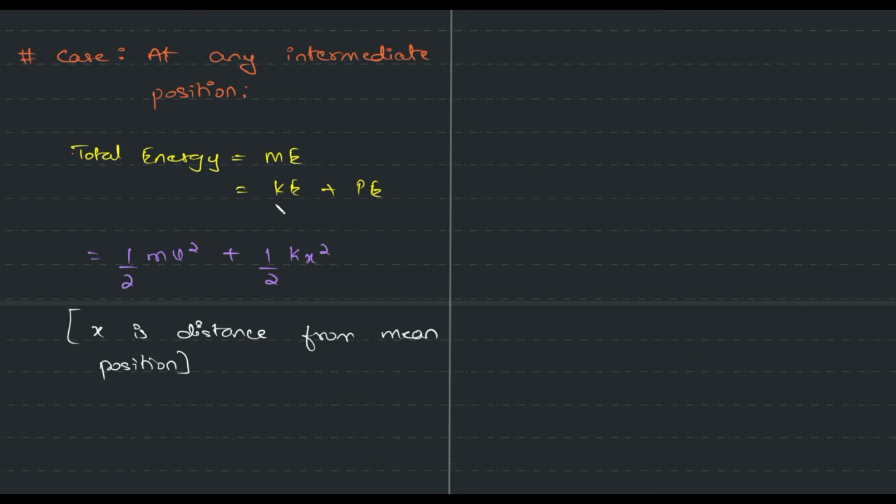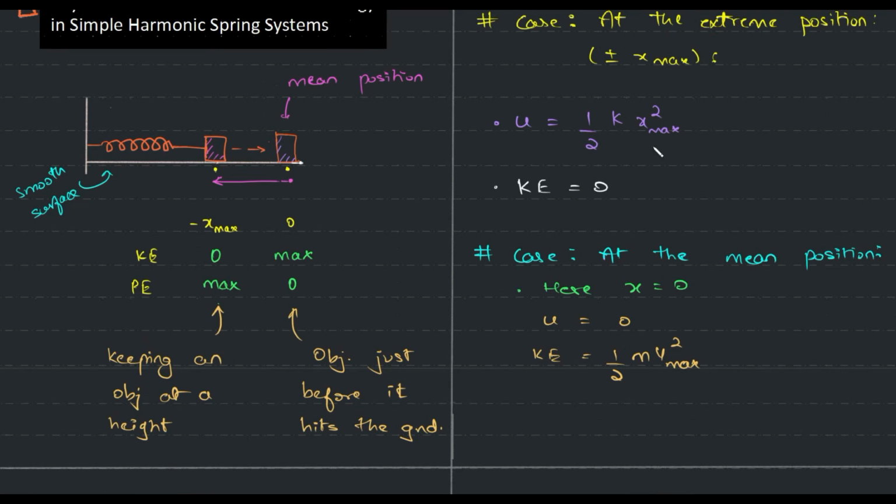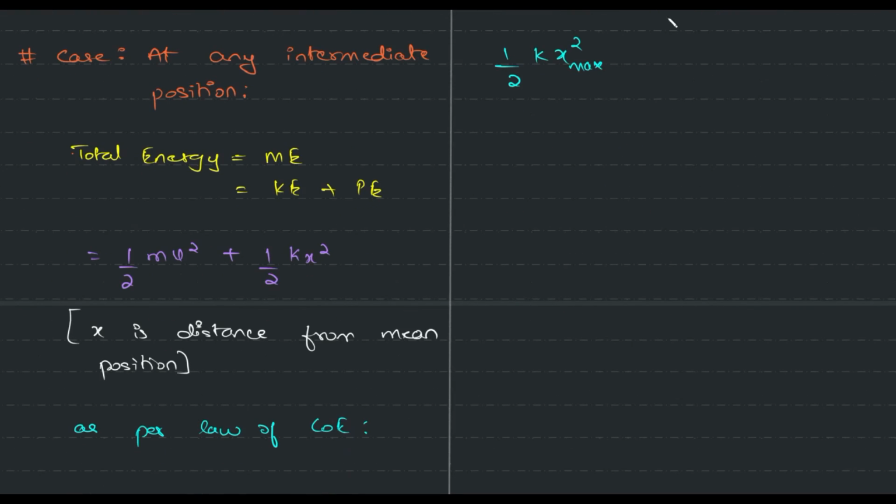Okay, guys. So as per the law of conservation of energy, your mechanical energy will remain the same, right? Where did we get this expression? From the very first expression. Here, the mechanical energy, which is the sum of U plus kinetic energy, will be equal to half k x max square. And this has to be equal to half m v square plus half k x square.